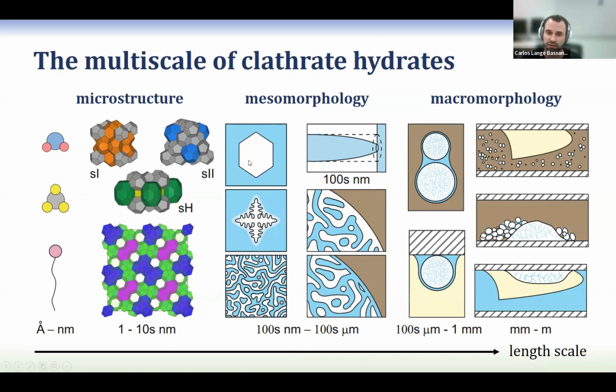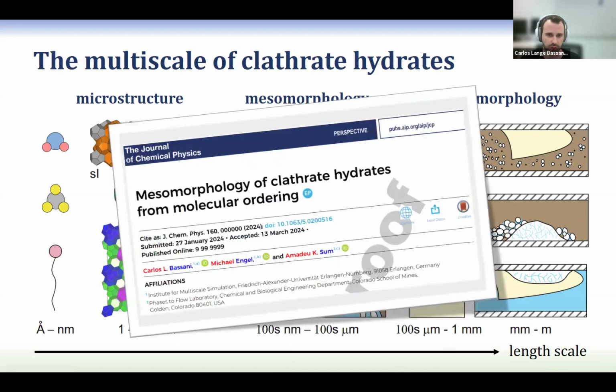We are talking about facets that we already talked about, the dendrites and the porous medium that I'm going to talk about next. And if we go to the macro applications, we are going to be in the millimeter to the meter scale. We'll be talking about particles, agglomerates, deposits, and whether these particles flow or not, right? And well, you can find more.